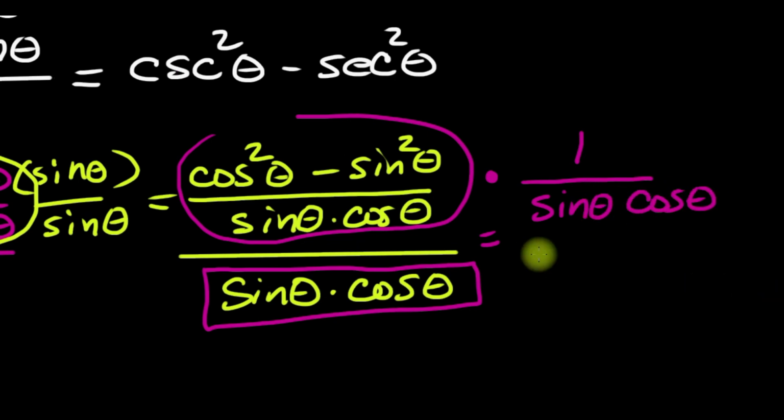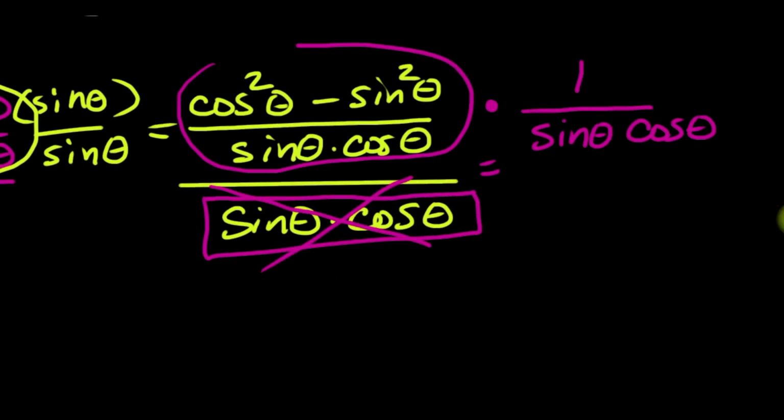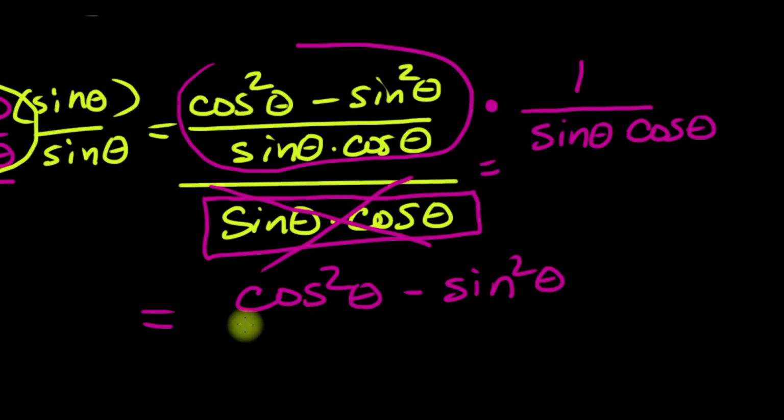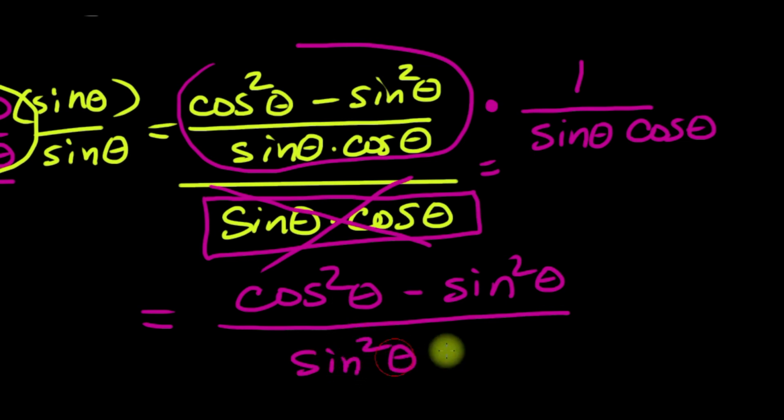So now we're just going to multiply. So we don't need this anymore. Okay, so when we multiply, we end up getting cosine square minus sine square up top. And then in my denominator, we end up getting sine square times cosine square, right?